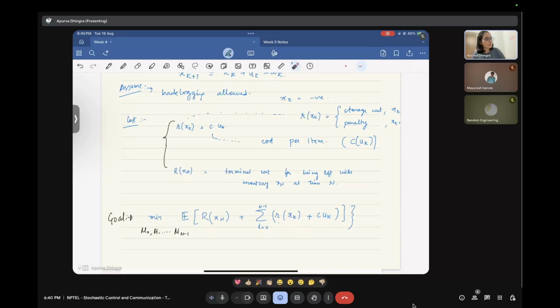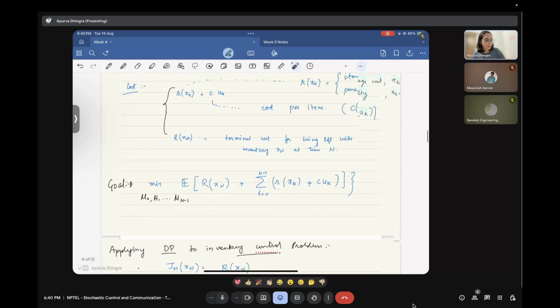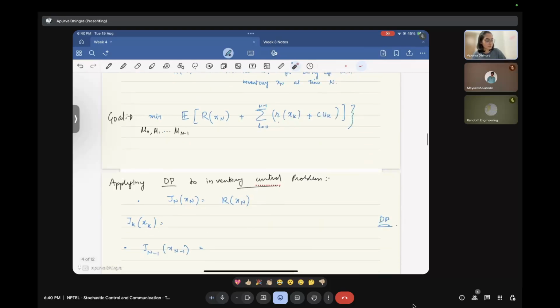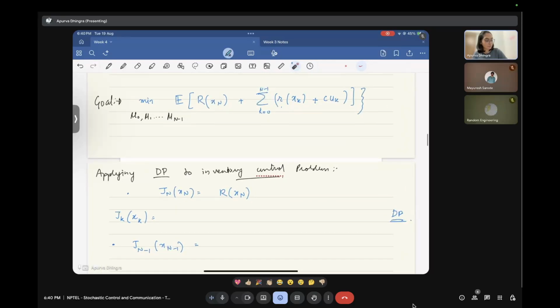Okay, now what we're going to do is we're going to apply DP to this problem. So what DP requires us to do is we have to start from the end. So we look at the terminal states. So it gives us what should be Jn of xn for all those terminal states, and that is just the cost.